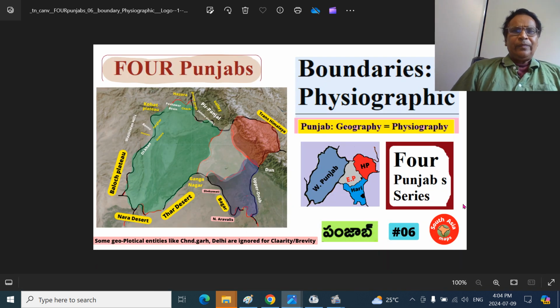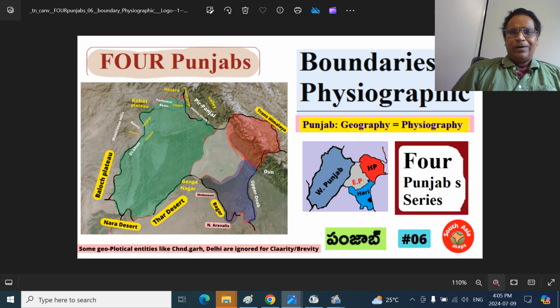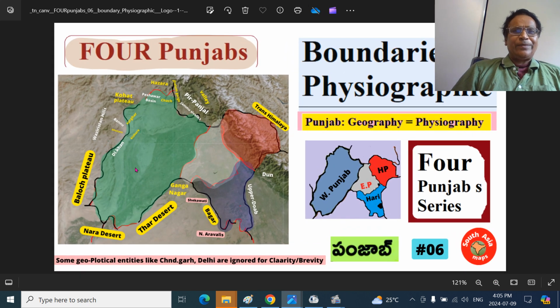So I have blogged this. The four Punjabs are Pashchim Punjab, Purbi Punjab, Haryanvi Punjab, and Pahadi Punjab, or Kangri Punjab. And we look at all the outside physiographic regions.